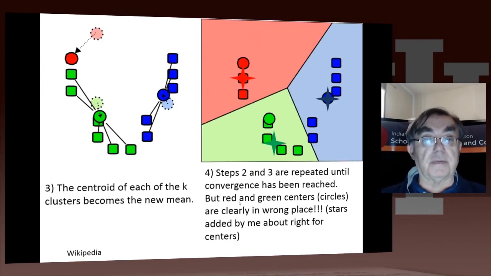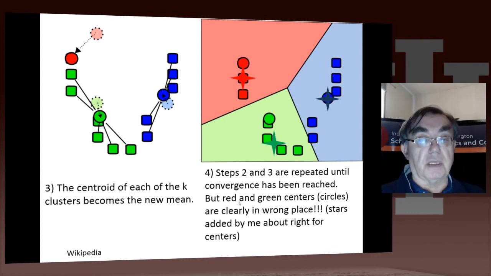And then this is shown in the next slide, 1 mark 3, the one on the left, and you can see that the red circle has moved to that red point. The green circle has moved a little to be nearer the centroid of those 5 points assigned to it, and the blue center also moved a little.